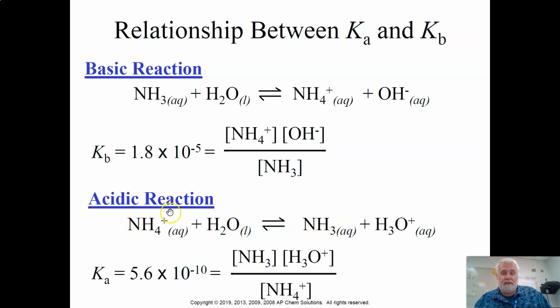So these are opposite reactions basically, but you can see they're not just complete reverse reactions, because you have the hydroxide ion here and the hydronium ion here. But you can write a Kb for this reaction because it is acting as a base and making the OH.